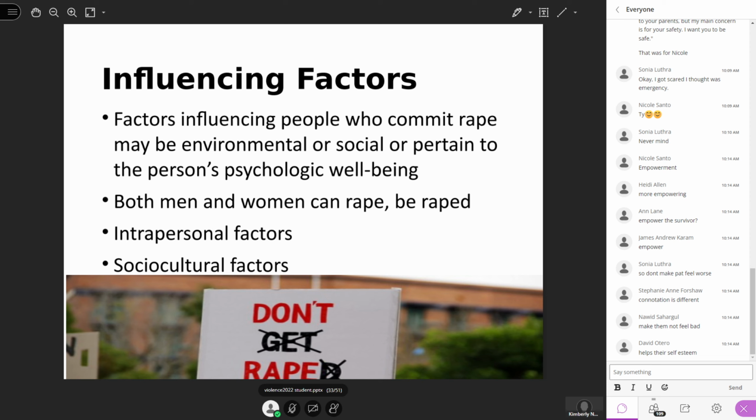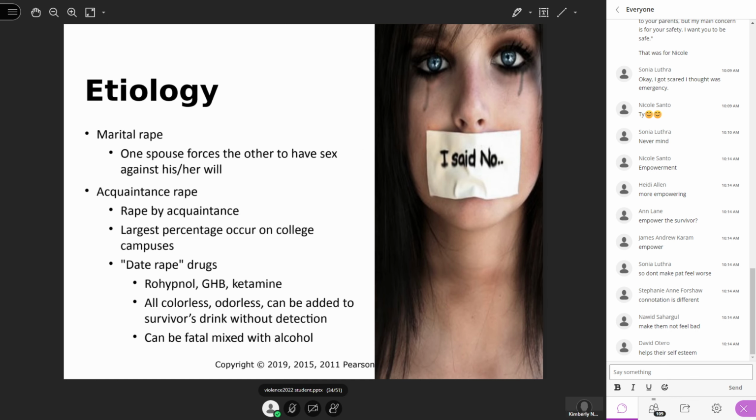All right. A lot of the factors that will lead a person to rape or be raped are very similar to that of abuse. Sociological or sociocultural factors or interpersonal factors.